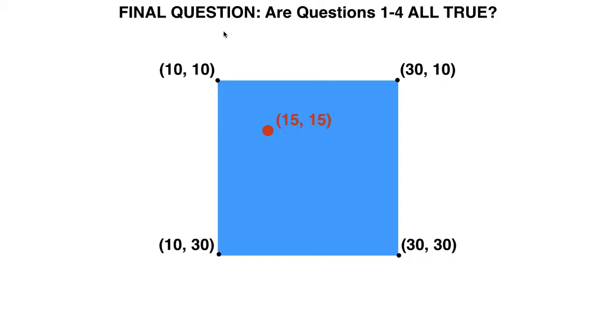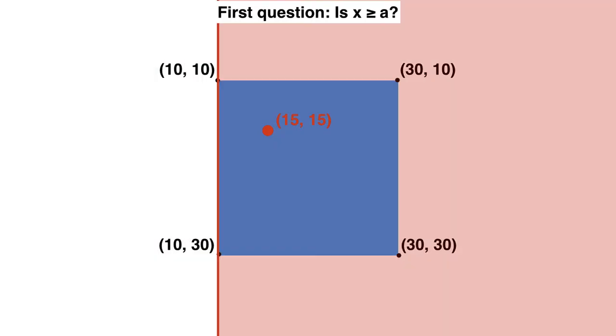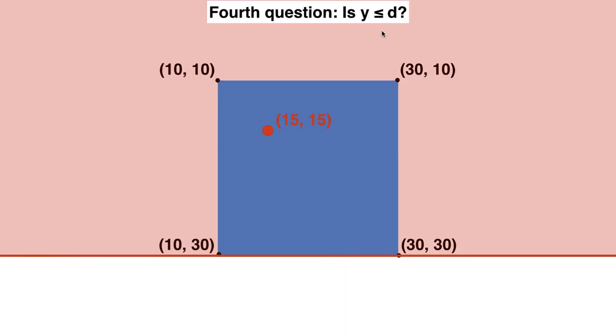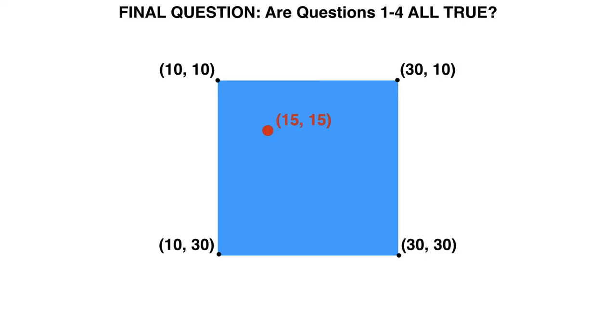So in order for that point, any value of x and y that we choose, to lie within the square, the answer to all four individual questions must be true. So this must be true, this must be true, that must be true, and that must be true. So it stands to reason that we would have to use the Boolean AND operator to get the computer to ask that question for us and get the correct answer to that question.